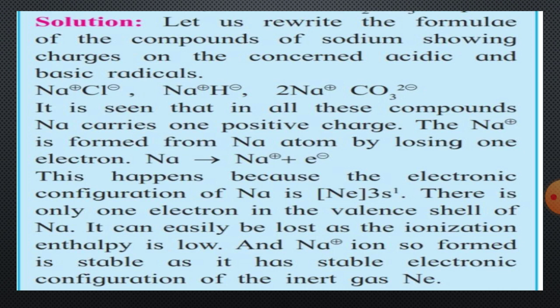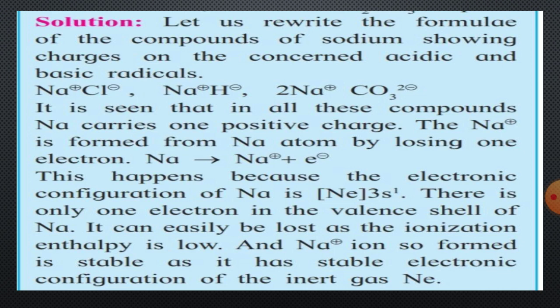The Na plus is from the Na atom. Here Na, your sodium atom, is there. It will liberate, it will lose one electron. Okay. This Na atom will lose one electron. Then it gets converted into Na plus.